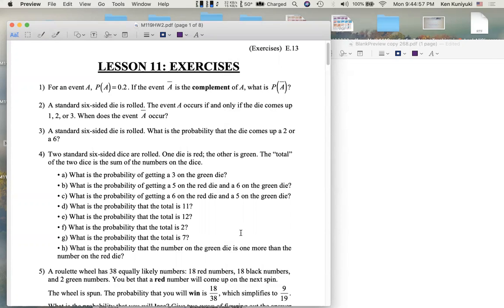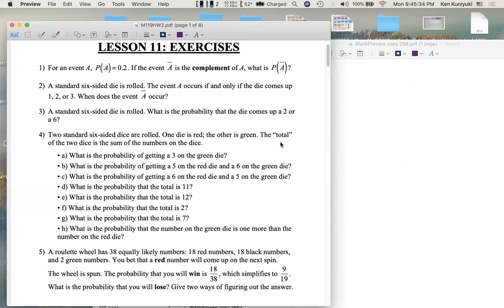Maybe number 5 has a similar setup. Here, I'll turn on my camera so you can see what I wrote already.